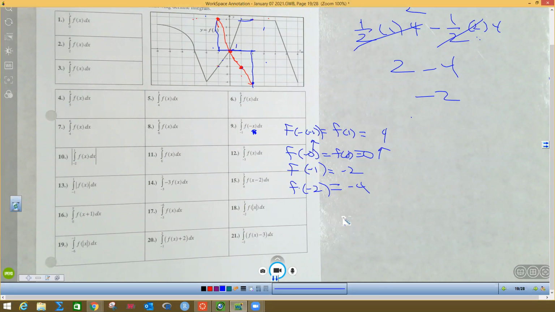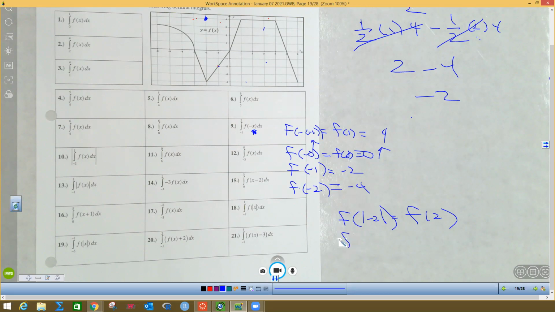So in other words, if I do f and I plug in -2, okay? That means I'm finding a value at 2 because the absolute value of that is 2. So at 2, the value is 4, right? So when you plug in -2, you are actually up here at 4. Okay?